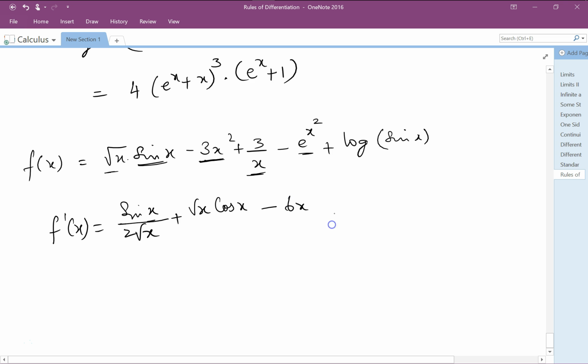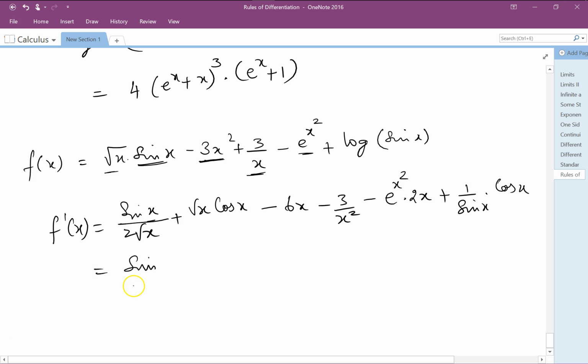So this plus will become minus 3 by x square. Then minus, take it in sequence, e, the derivative of e is e itself, so e to the power of x square. Then take the next expression, that is x square, derivative of that. Then log, 1 by sin x times the derivative of sin x, that is cos x.